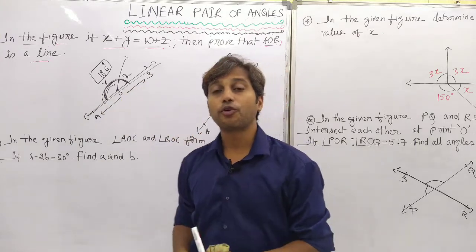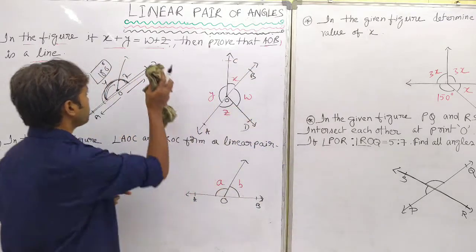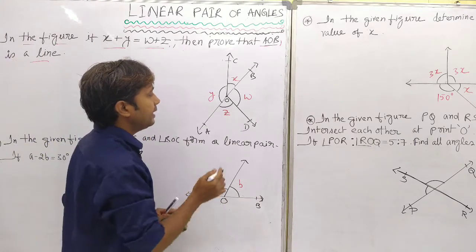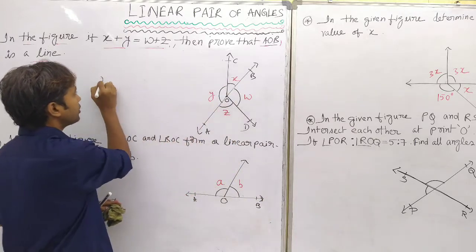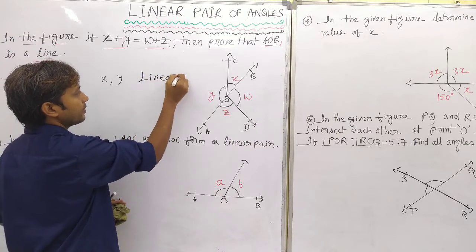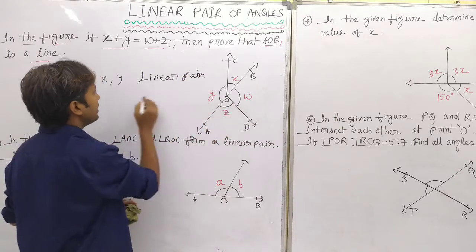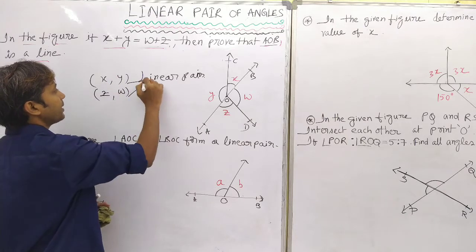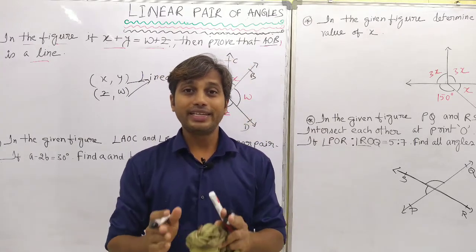That's all. So what we have to show here is simple: x plus y should be equal to 180 degrees. That means x and y should be a linear pair, meaning their sum should be 180 degrees, as well as z and w also should be a linear pair.